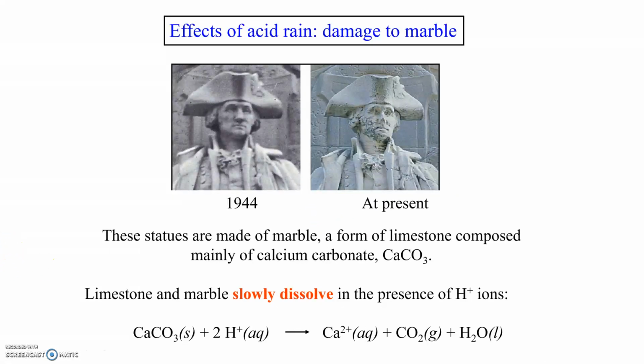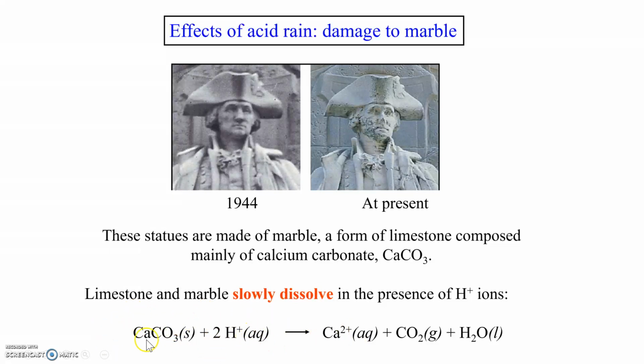Another area where we see this is the dissolving of limestone, which marble contains a large amount of. So if we have memorials or other structures that have been made from marble, over time, that calcium carbonate in the marble or the limestone reacts with acid.